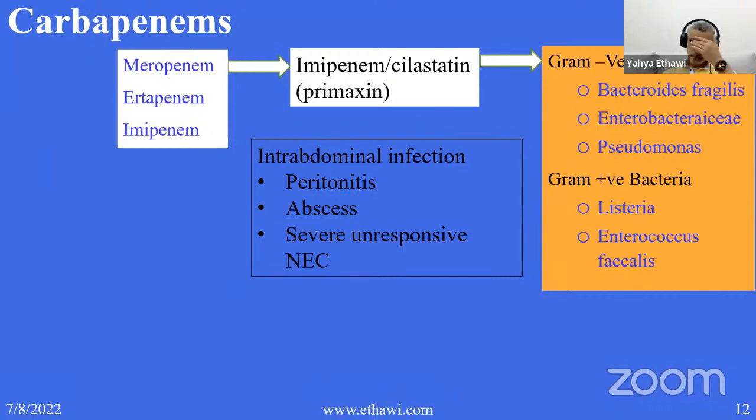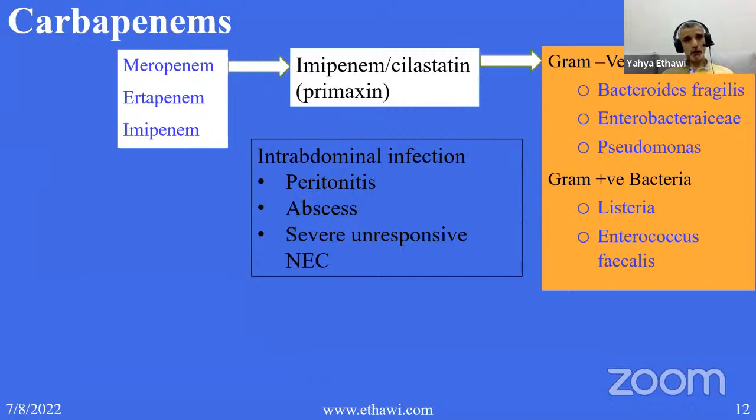If you use it and you get resistance, you probably have no other choice, and you develop what we call a super bug. The meropenem is a little bit more expensive than imipenem, but the imipenem, they say it is associated with seizure.